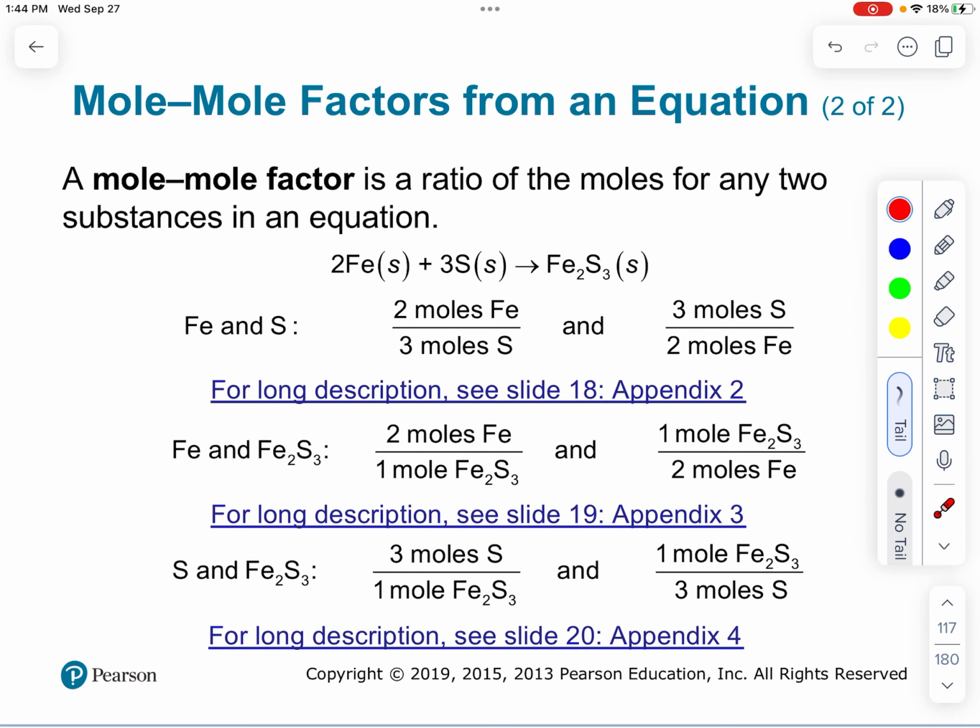And these are the various mole-to-mole relationships that you get from this equation. If we are talking about reactants, we have these conversion factors, these mole-to-mole ratios, where these numbers come from the coefficients. If we're comparing reactants and products, we would say that 2 moles of iron yield 1 mole of iron(III) sulfide and its multiplicative inverse. And we can also look at sulfur and the products.